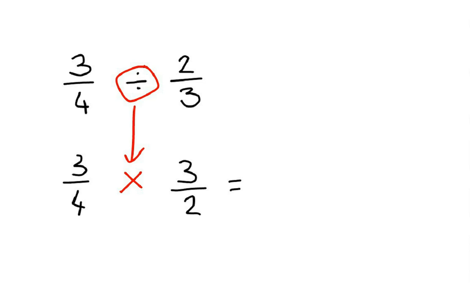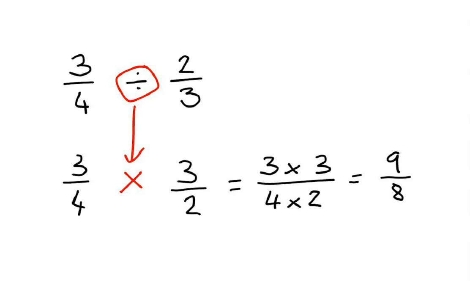So now, remember when we multiply fractions, this is just a regular multiplication of fractions now. When we multiply fractions, that becomes 3 multiplied by 3 over 4 multiplied by 2, which gives me 9 over 8. It would be better practice if we converted that back into a mixed number fraction.